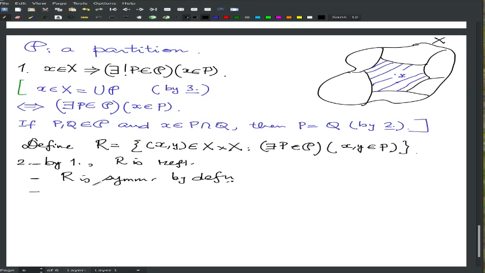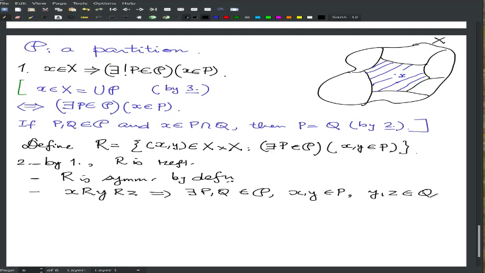Now, suppose x and y are related and y and z are related. So it means that there exist a P and a Q in the partitioning sets such that (x, y) is in P and (y, z) is in Q. So this tells me that P intersection Q is non-empty because it contains y.